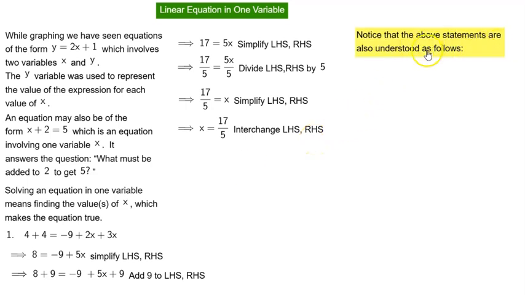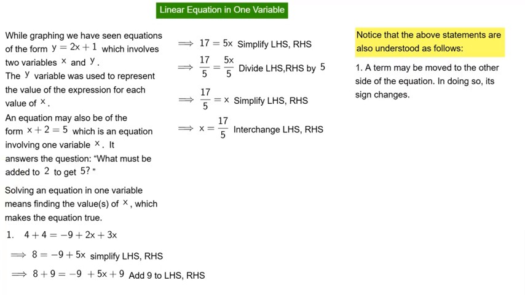Notice that the above statements are also understood as follows. A term may be moved to the other side of the equation. In doing so, its sign changes. So here we have done plus 9 to minus 9, plus 9, and this side it becomes 0.